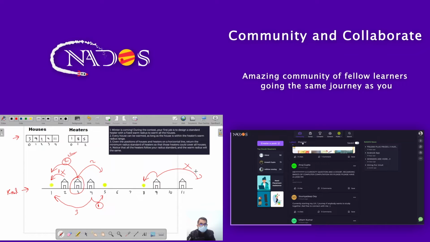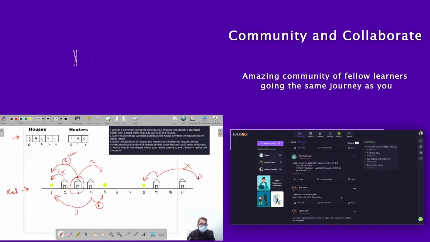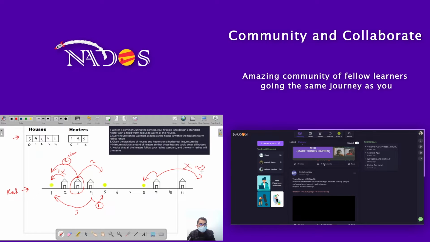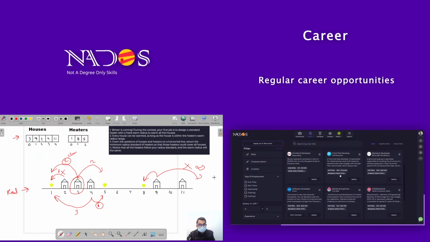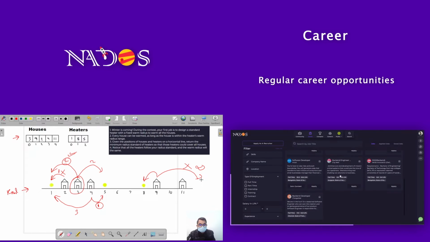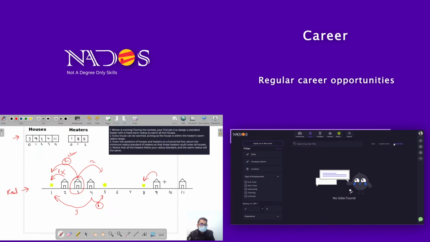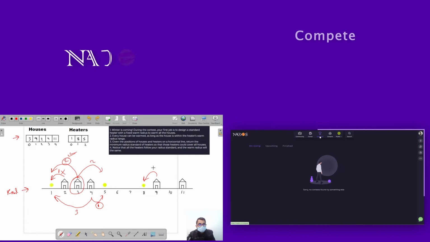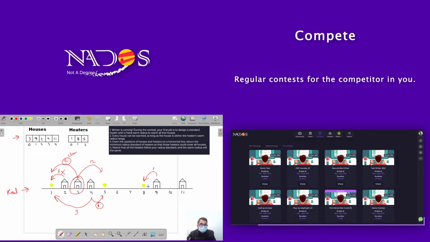So if there is no heater, it will mean that the heater is kept at the distance of infinity. Okay, so we are not going to consider anything on the right side for this. So the minimum distance from this house should be 1.